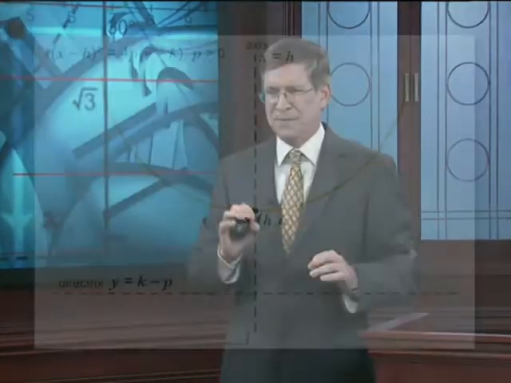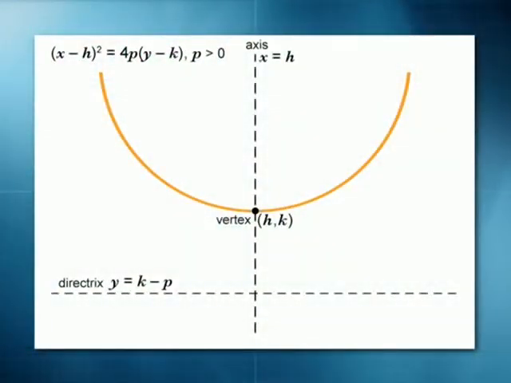Let me show you some pictures of how these equations work. Here's a picture of a parabola opening upwards. And its equation is x minus h squared equals 4p times y minus k. And here's the case where p is greater than 0. And p is the distance between the vertex and the focus. So you see it indicated there, a positive number p.